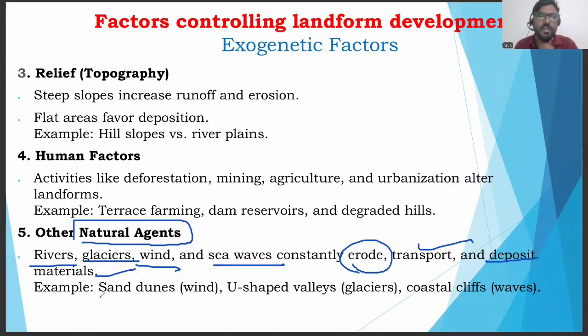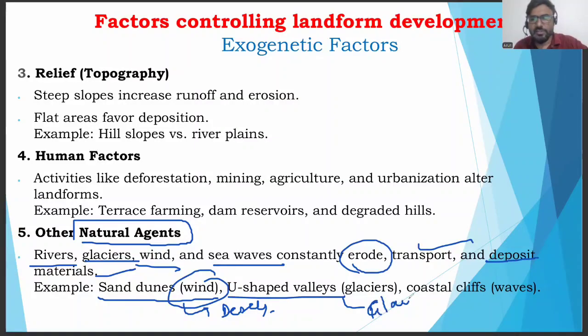For example, sand dunes, which are very important landforms in the desert area. U-shaped valleys are also there, associated with glacial landforms and known as glacial troughs. And coastal cliffs are also there. So these are the important landforms which show how these factors affect landform development, right?